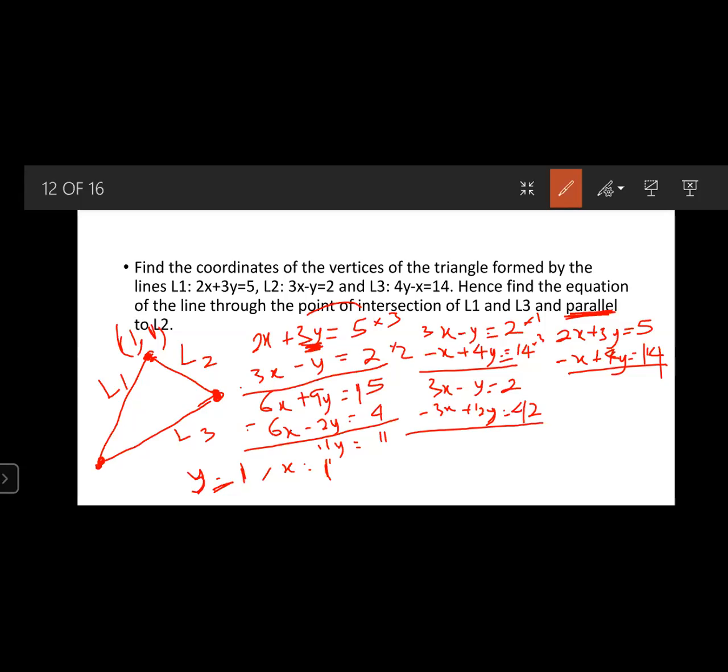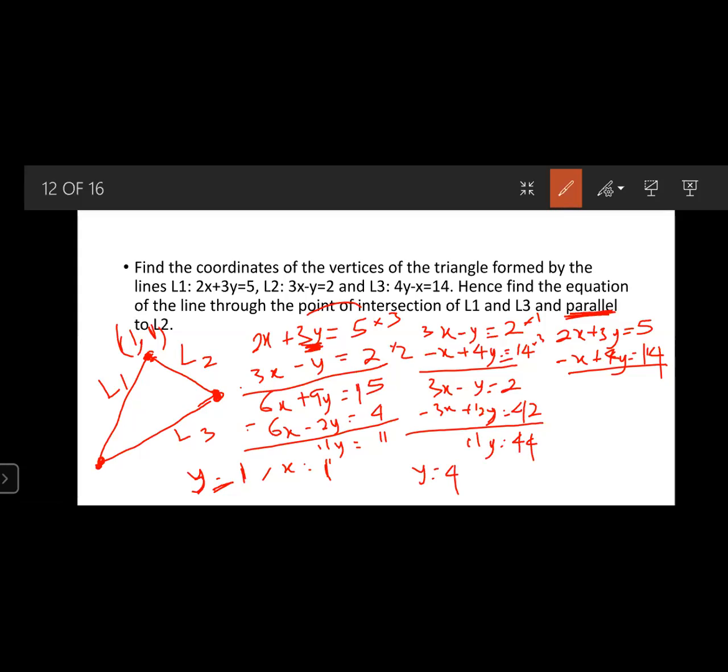Sorry, I'm adding. So I'm adding minus y plus 12y, and that will give me 11y, equals 2 plus 42, which will give me 44. So y is equal to 4.